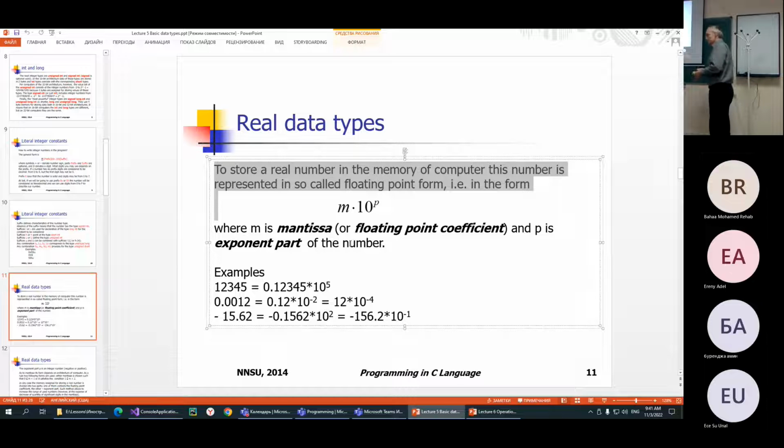So there is a very important fact: real numbers that can be very simple to write as a fraction cannot be written in decimal form.